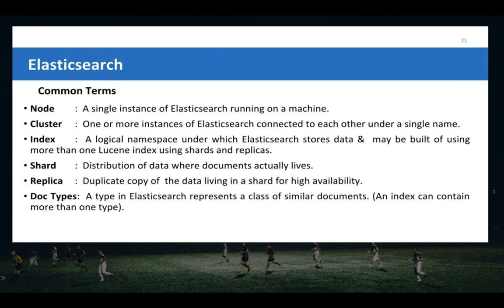A shard is a distribution of data where documents actually live. A replica is a duplicate copy of the data living in a shard for high availability. Doc types: a type in Elasticsearch represents a class of similar documents. An index can contain more than one type, but for the new versions of Elasticsearch, it is recommended to have only one type per index.